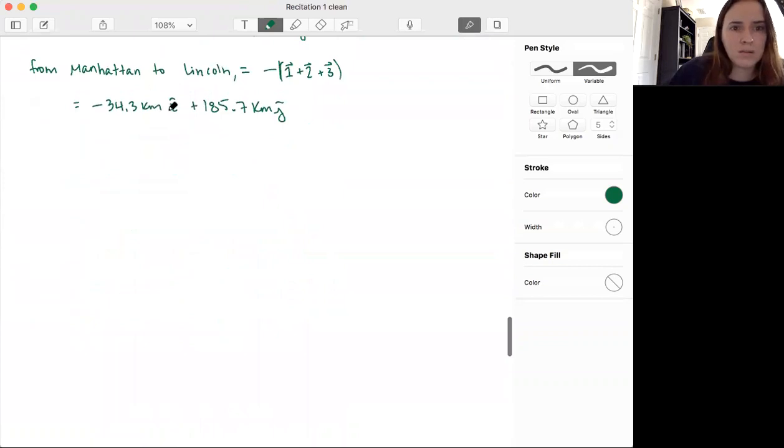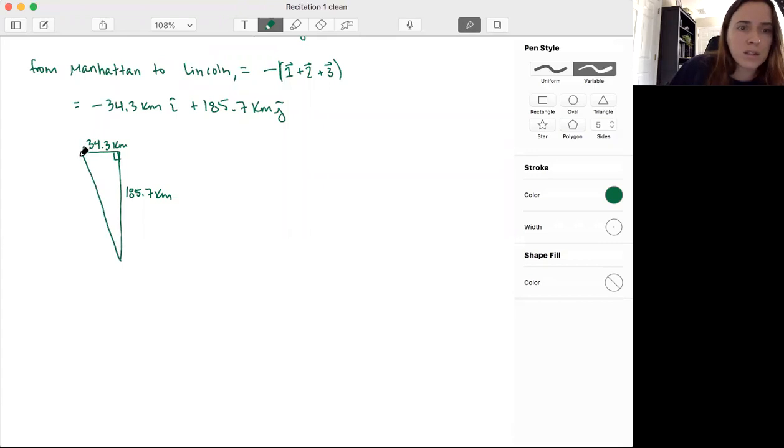So now that we have the vector components, our y component is 185.7 kilometers. Our x component is 34.3 kilometers, and it's negative, so it's pointing left. So to find the full length of that vector, we can just do Pythagorean theorem.